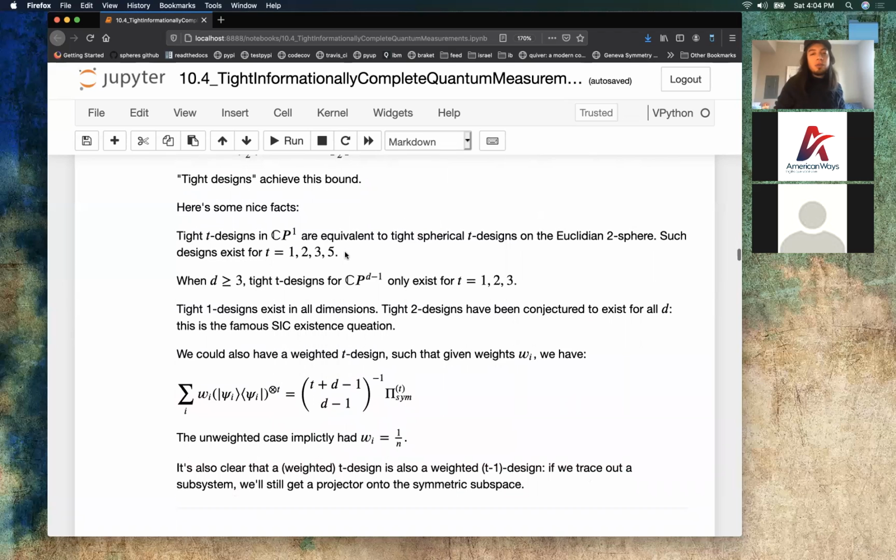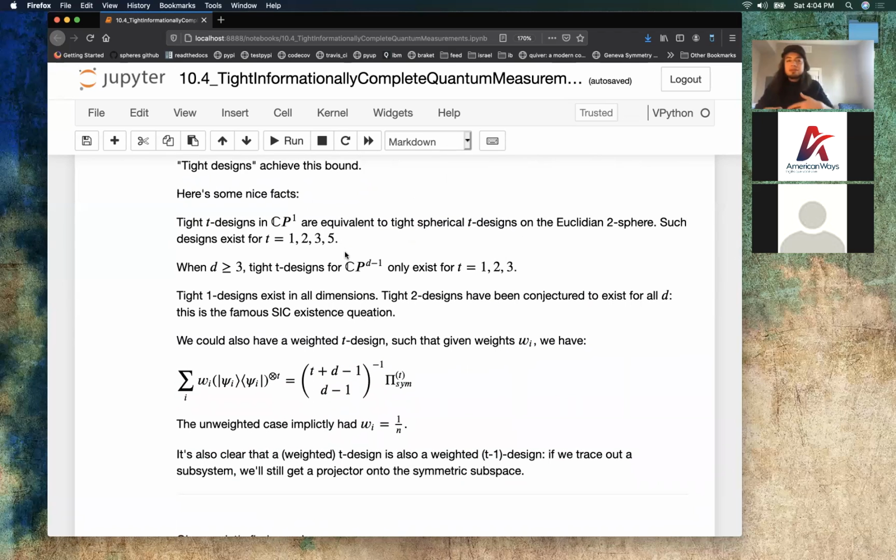Tight T designs for complex projective space of dimension 1 are the same as tight spherical T designs on the Euclidean 2 sphere, okay?